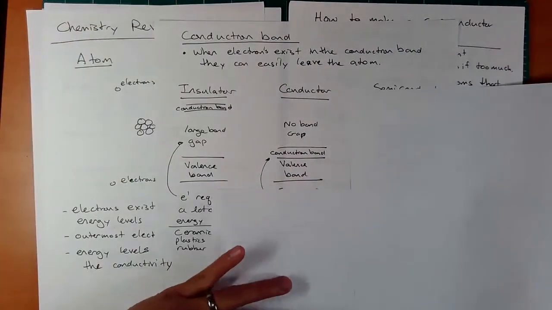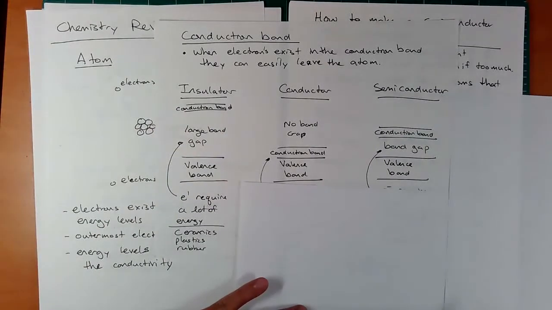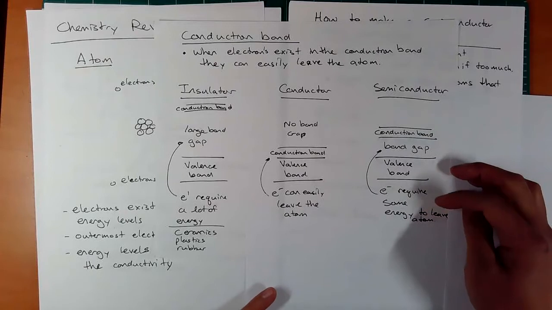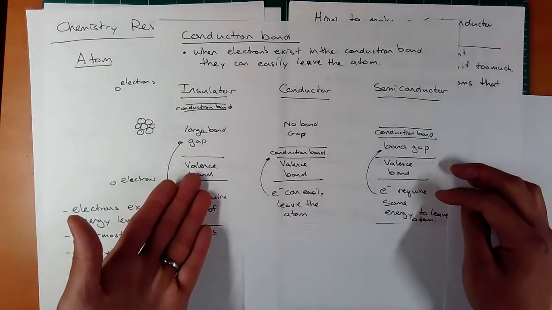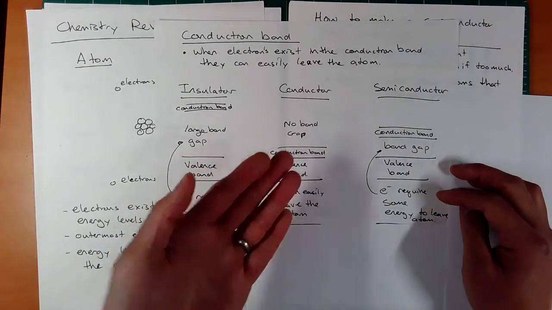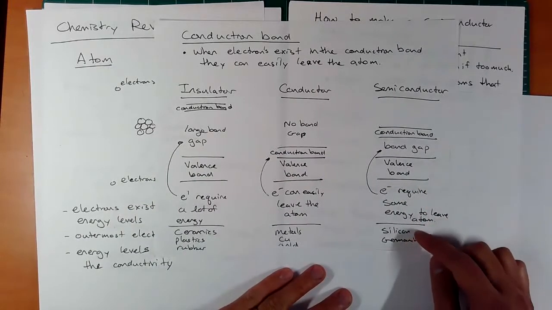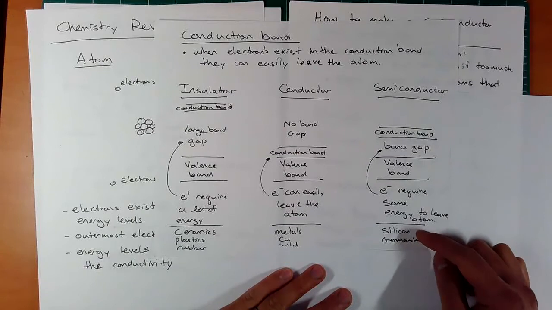Well, what about a semiconductor? A semiconductor is something in the middle. You have the valence band, the conduction band, and your band gap, and it requires some energy to leave the band, but it's not like an insulator, and it's not perfectly like a conductor. That's why they call it a semiconductor. Some common semiconductor materials are silicon and germanium.